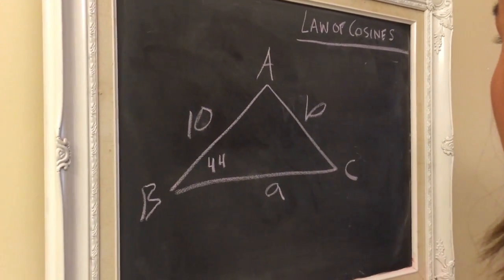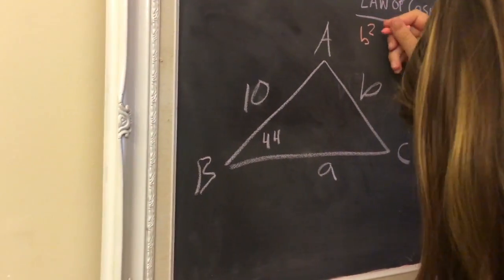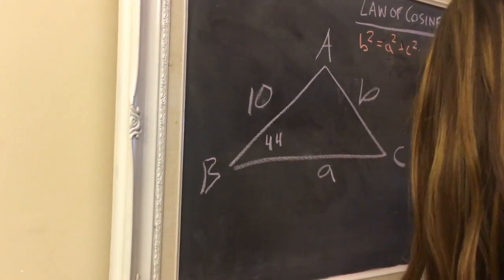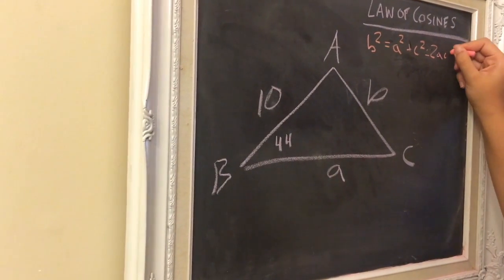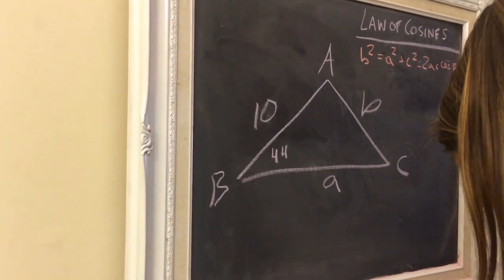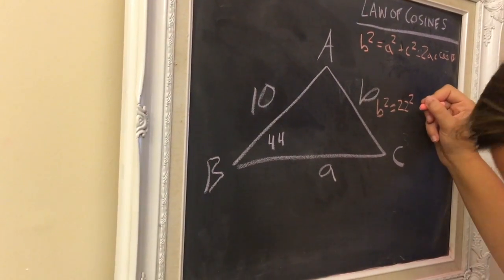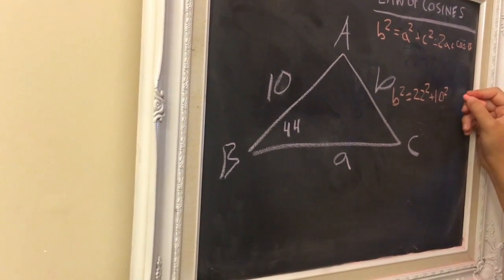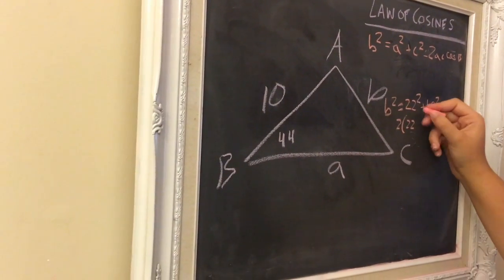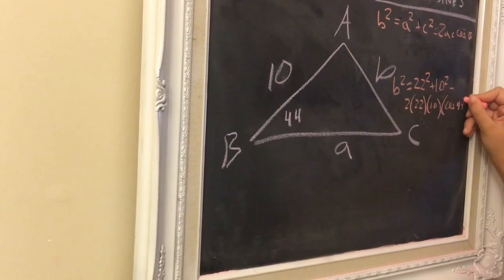Find b using the law of cosines. Well, the formula to find b using the law of cosines is b squared equals a squared plus c squared minus 2ac cosine of B. Once you plug everything in, you end up with b squared equals 22 squared plus 10 squared, and then minus 2 times 22 times 10 times cosine 44.